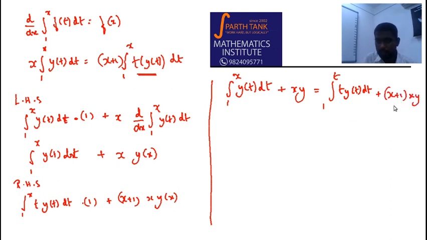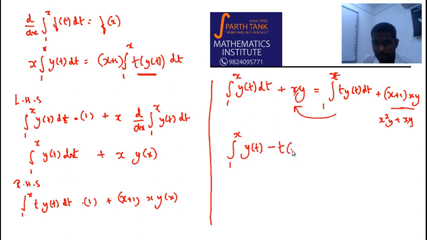Okay, this is going to give me two terms, x squared y plus xy, right? And that xy and this xy can be cancelled. So if I bring this integral to this side, I get something very nice. Integral 1 to x y of t, I can combine the two integrals because both are integrals 1 to x, minus t into y of t dt is nothing but x squared y.